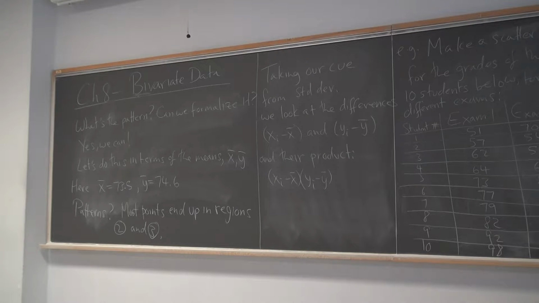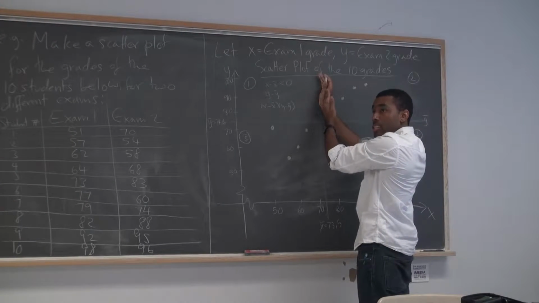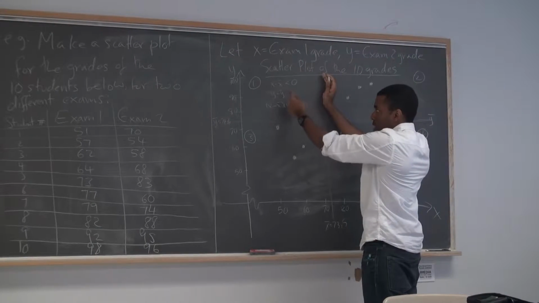What would x minus x bar be in this region? Remember, x bar is here, which means you're to the left of the average x, so the sign would be negative. Any point over here has an x value less than the average x, so that sign would be negative.